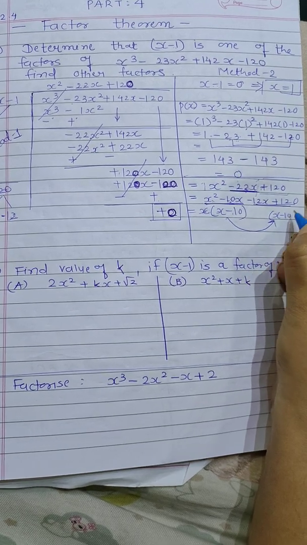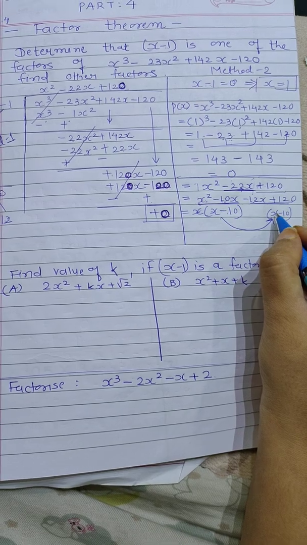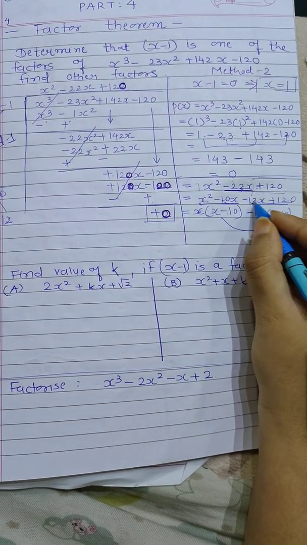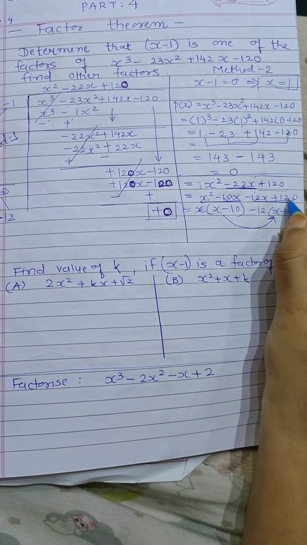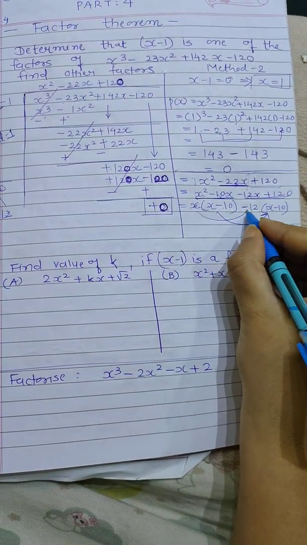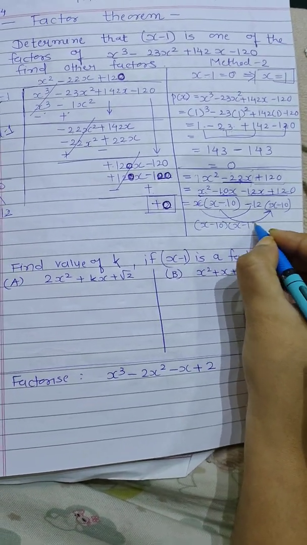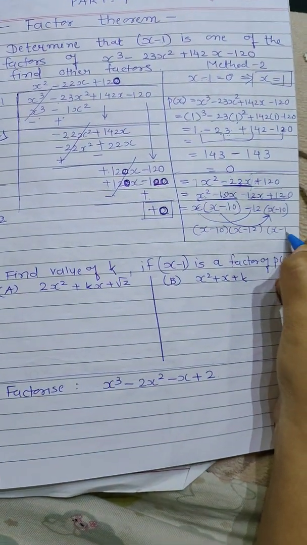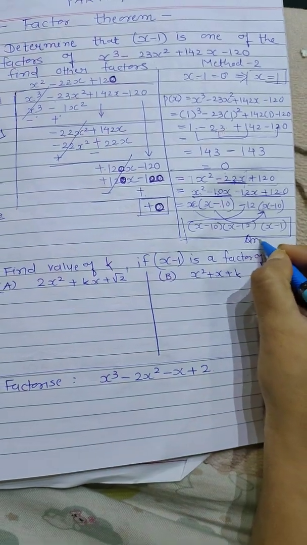Rewrite the first factor. Now for the second factor, x has to be multiplied with minus 12 to become minus 12x. Minus minus plus, 12 tens are 120. So this is your second factor. x minus 10 and x minus 12, and already one of the factors was there, which is x minus 1. So these are all the factors of the given polynomial.